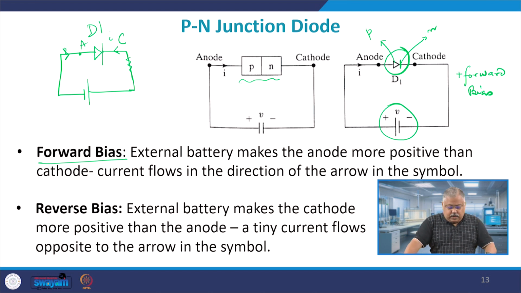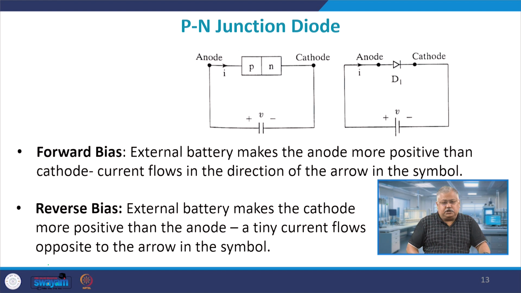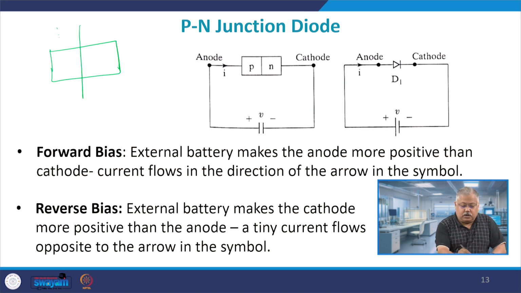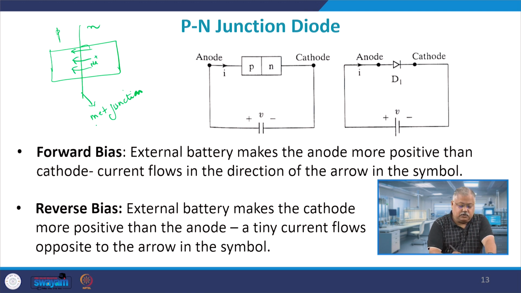Now, let us go one by one and see what happens. Those who are not initiated in diodes will be able to appreciate this point, that when you have a PN junction, you have P and N. Even if you do not apply any external bias, because of the doping concentration difference across the two edges, this is known as the metallurgical junction between P and N. So, what will happen is that the electrons from here, which are free in nature, will start shifting towards this side, leaving here Na plus, and when they reach here they will recombine with holes and therefore be left with Nd minus.